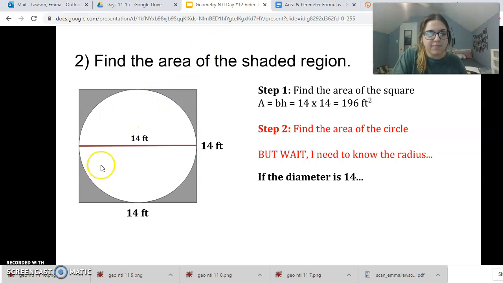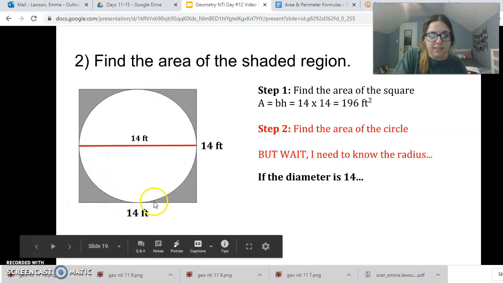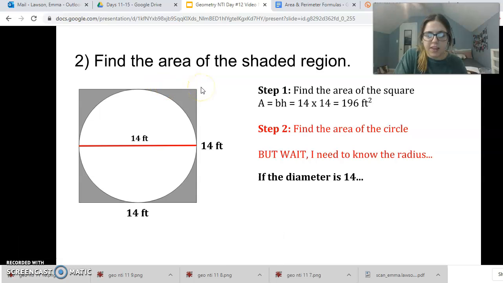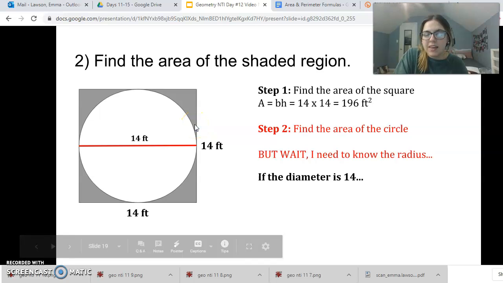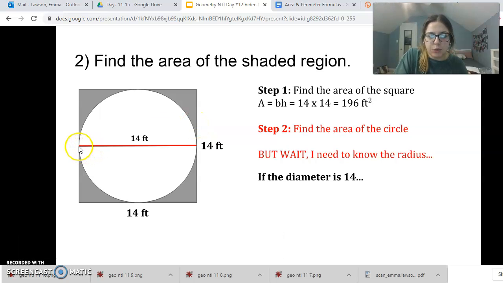Well, if this side is 14 feet, that means this side is 14 feet. And anywhere in the square from side to side is 14 feet. And it just so happens that the circle touches both sides of the square, which means this diameter is 14 feet.